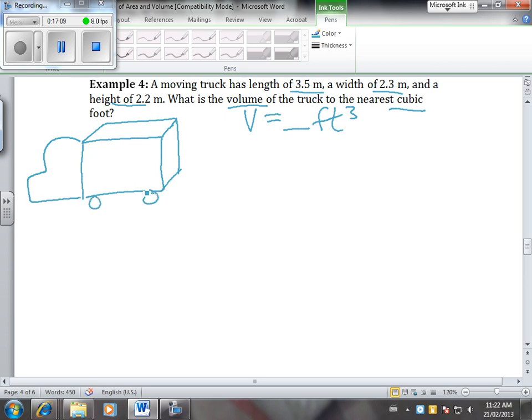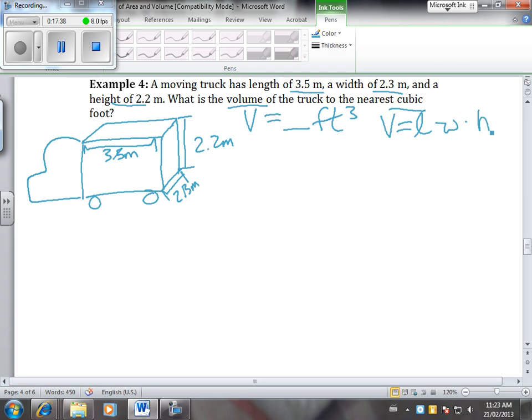Okay, so we have our height is 2.2 meters. Our length is 3.5 meters. And our width is 2.3 meters. Okay, so volume, our formula will be volume equals length times width times height. But what do we have to do first?